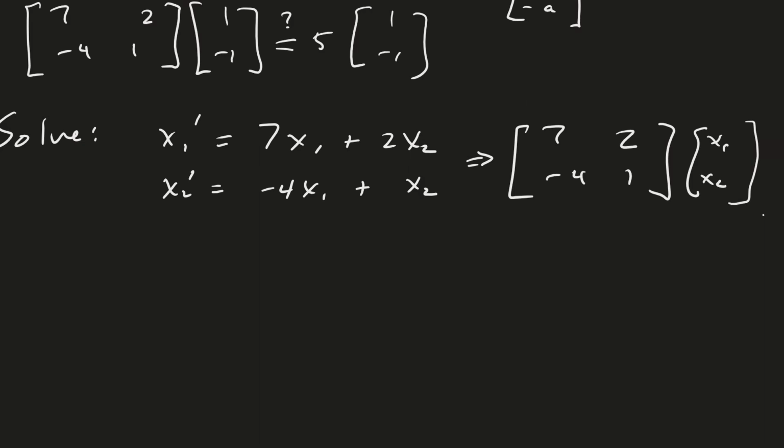What we said is that our original ansatz was x(t) equals e to the λt times v. Now I've got two lambdas and two v's.